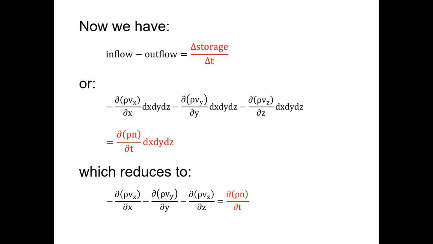Now previously we had that same expression on the left, and on the right it was equal to 0. Well, now we have this derivative on the right, which is with respect to time, and instead of Darcy velocity, it's with respect to the porosity.